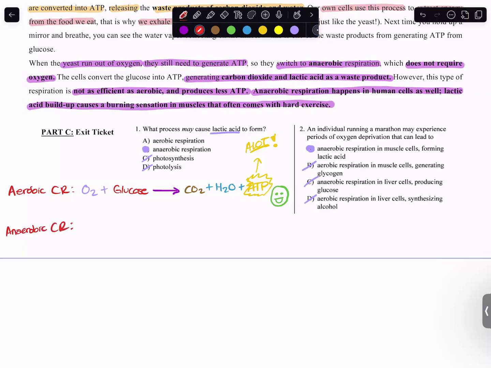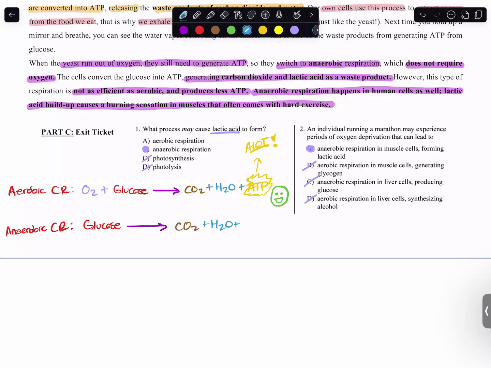Now, when we're talking about anaerobic cellular respiration, we have glucose for sure, but we don't have oxygen, because anaerobic means a lack of oxygen. So all we're really using is glucose, and we don't have that abundance of oxygen like we had with aerobic respiration. So I'm still going to produce CO2 and some water as waste products.